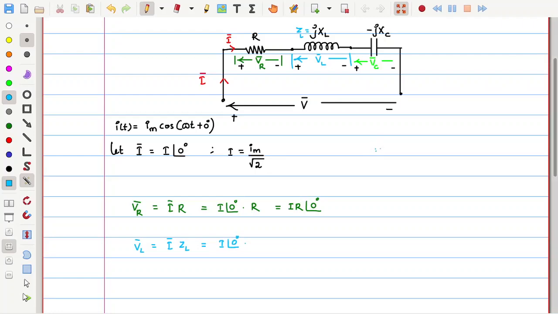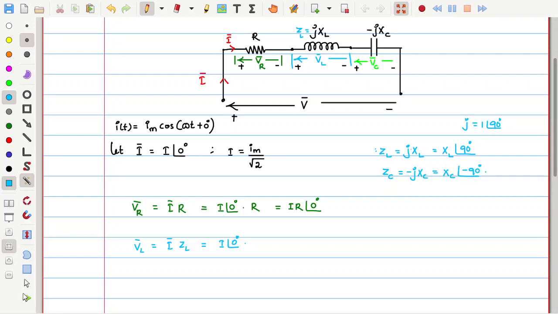We had seen that ZL can be written in rectangular form as jXL, or in polar form simply as XL at an angle of 90 degrees. We saw that j is equivalent to 1 at an angle 90, so you can simply replace j by an angle of 90. Similarly, the capacitive impedance ZC is equal to minus jXC, which can be written as XC at an angle of minus 90 degrees.